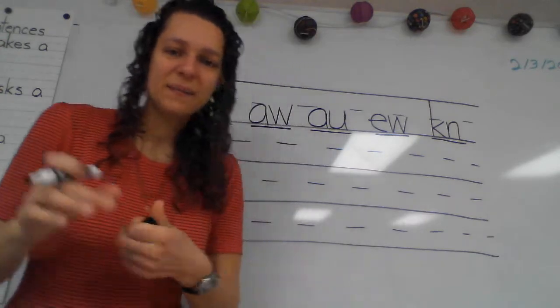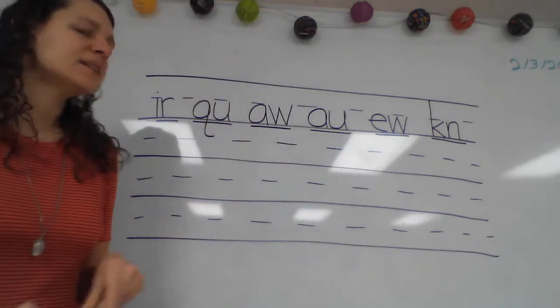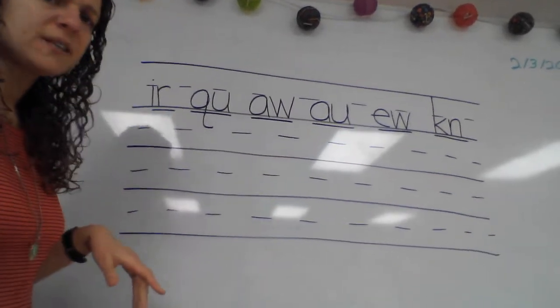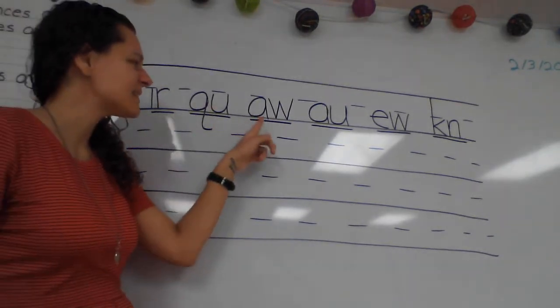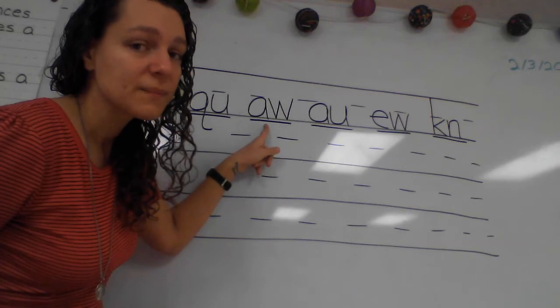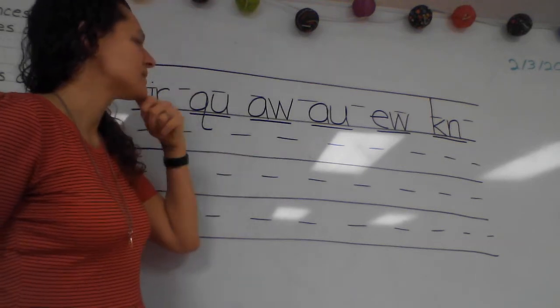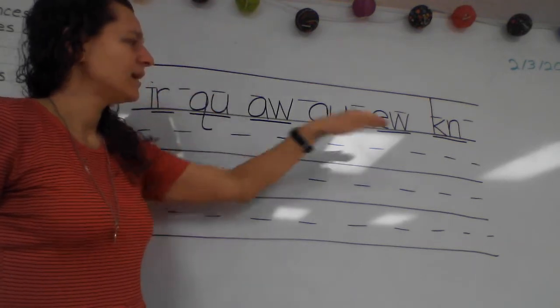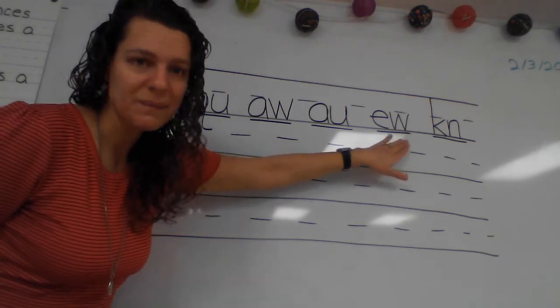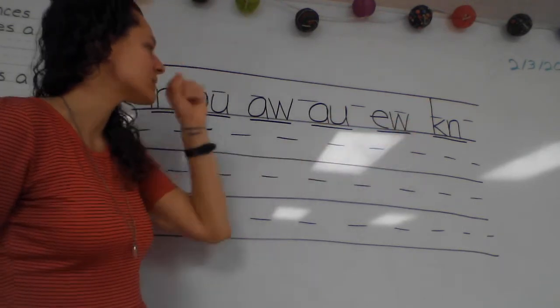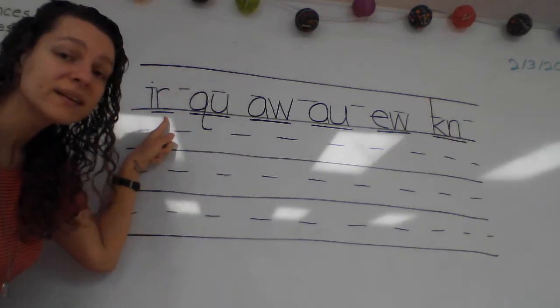All right. Let's go back and review our phonograms because we've got a couple newer ones here. All right, class, what's this one? Good, aw that we do use at the end of English words. How about this one? Good, 'ow', 'ou' that we do use at the end of English words. How about this one?